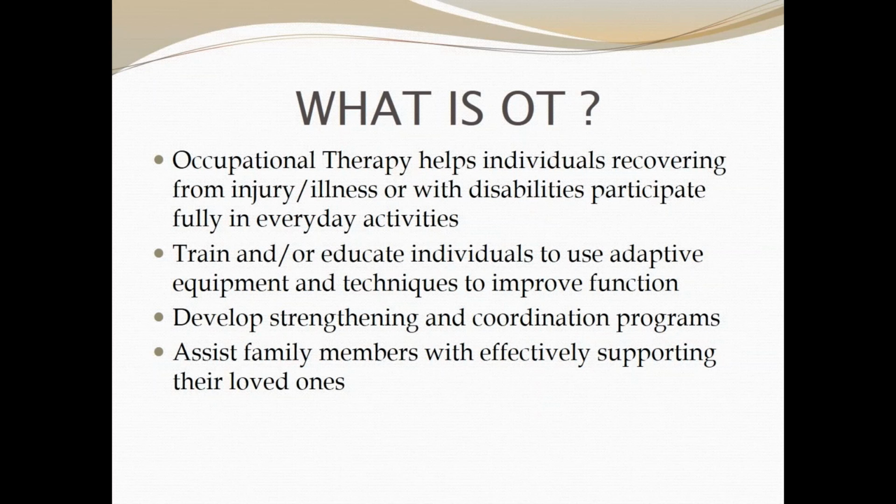We also work on strengthening and stretching and coordination programs, and we work with family members to provide effective caregiving that also facilitates as much function as possible. The main goal for an OT is to give our patients as much independence as possible. We want them to be able to do everything that they're capable of with their bodies.